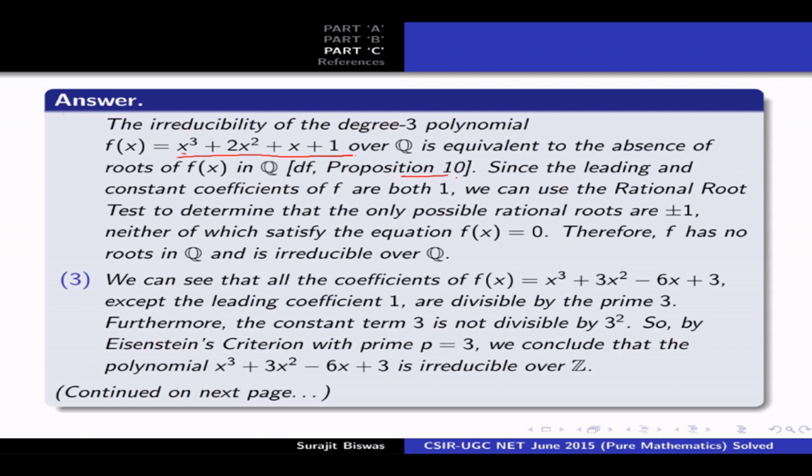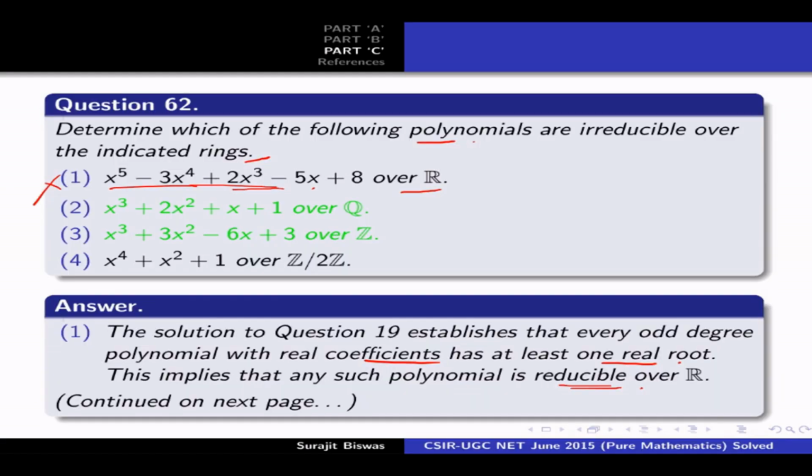Since the leading and constant coefficients of f are both 1, we can use the rational root test to determine that the only possible rational roots are plus or minus 1, neither of which satisfies the equation f(x) equal to 0. Therefore f has no roots in Q and is irreducible over Q.